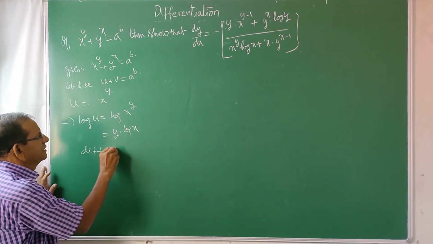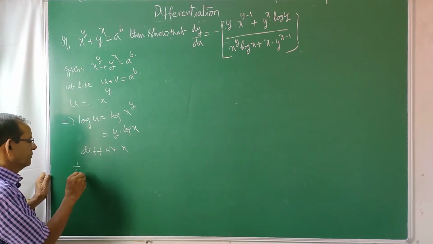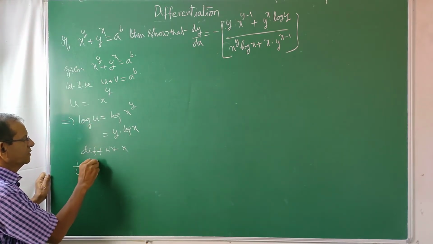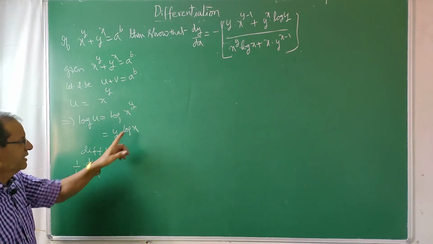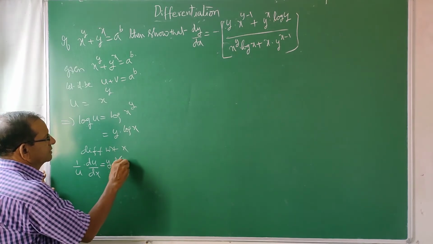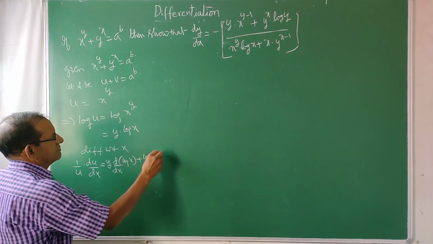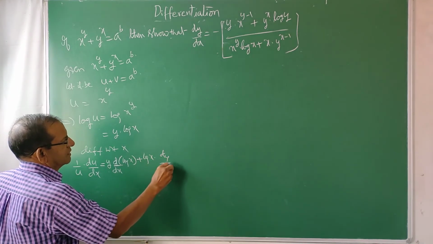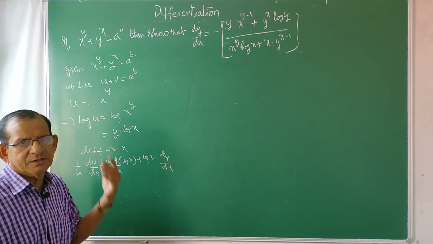Differentiate with respect to x. Log u derivative is 1 by u into du by dx, is equal to y into d by dx of log x plus log x into dy by dx. U into v formula, product rule: y into derivative of log x plus log x into derivative of y.